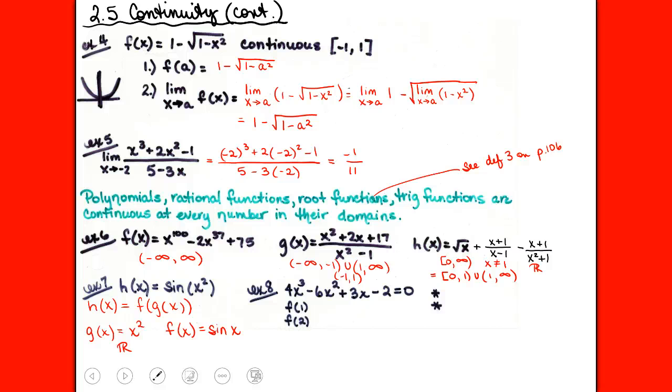So then I would have to look at, I'm going to plug g of x in the place of x. So basically I'm plugging all real numbers into the sine function. So I'm taking the sine of all real numbers. So what is the rule about trig functions? They're continuous for all values in their domain. What's the domain of the sine function?